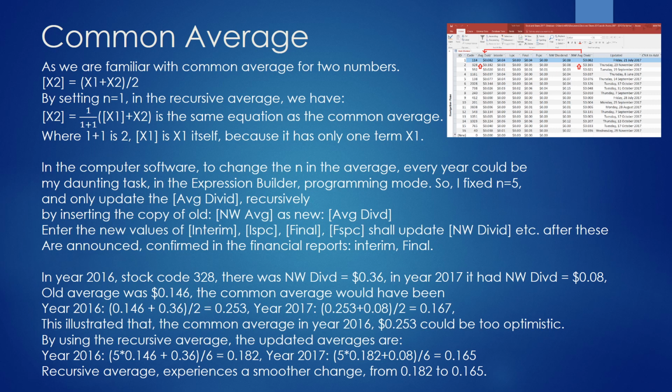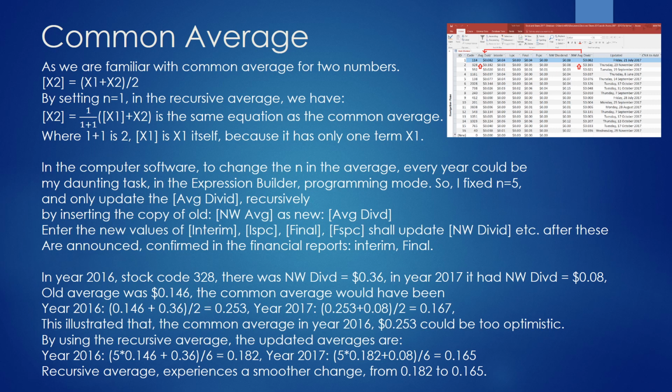The common average would have been, year 2016, 0.146 plus 0.36 divided by 2 equal to 0.253. Year 2017, 0.253 plus 0.08 divided by 2 equal to 0.167. This illustrated that the common average in the year 2016, 0.253, could be too optimistic.